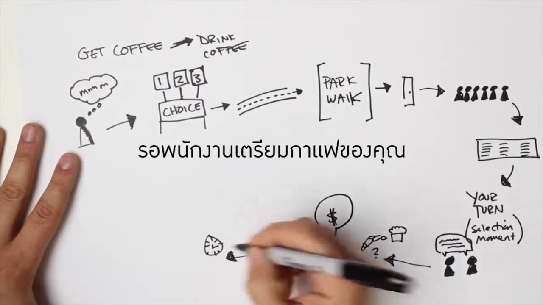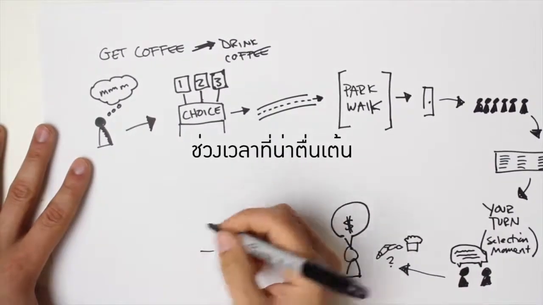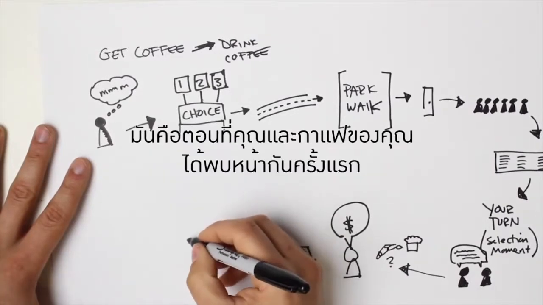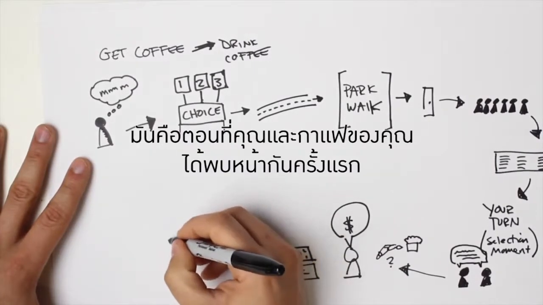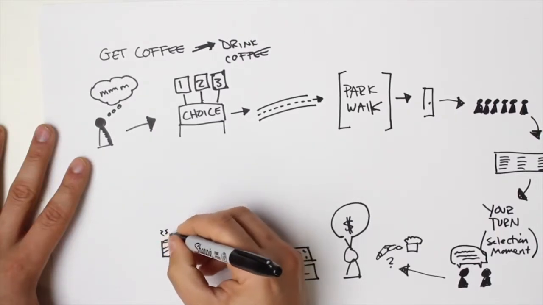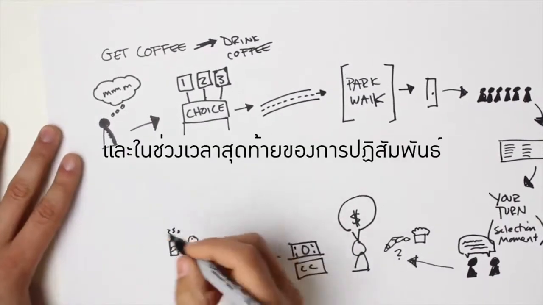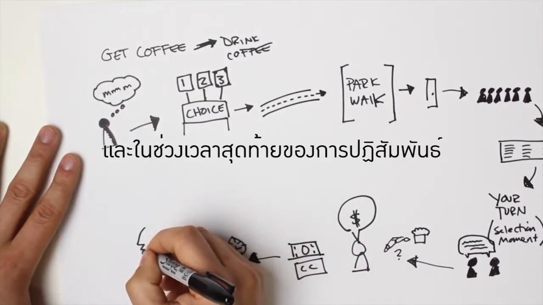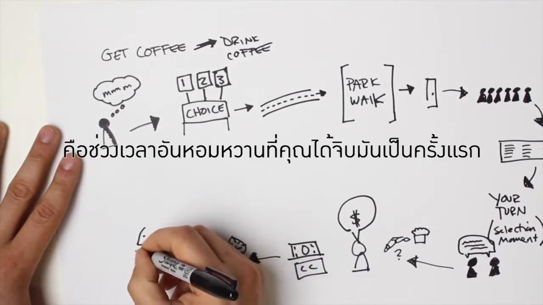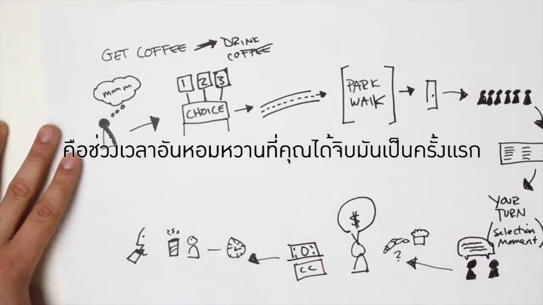You got to wait for your coffee to be prepared, and following that is, this is the exciting moment. This is where you and your coffee are introduced, like love at first sight. Make this a hot cup of coffee. And then maybe the final moment of interaction is that sweet moment where you have your first sip.